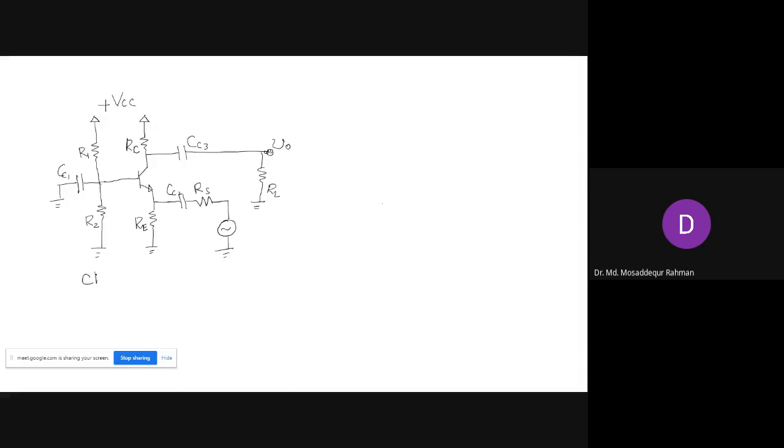So this is our common base amplifier. First, we assign the currents, input and the output currents, and then the resistances, that is our input resistance, and that is our output resistance.